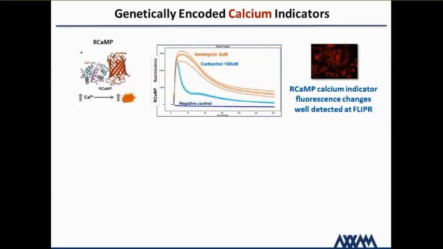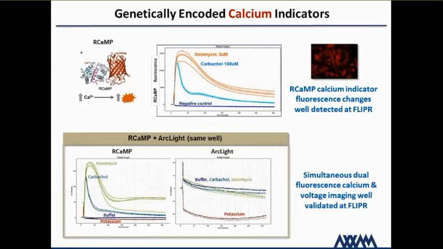We stably expressed the AXXAM sensor in HEK cells, and we could demonstrate that the FLIPR optics is well suited to detect the calcium signals elicited by the endogenous muscarinic receptor agonist carbachol or by the calcium ionophore ionomycin. The cells showed a nice and cytosol-located red fluorescence when observed at the microscope.